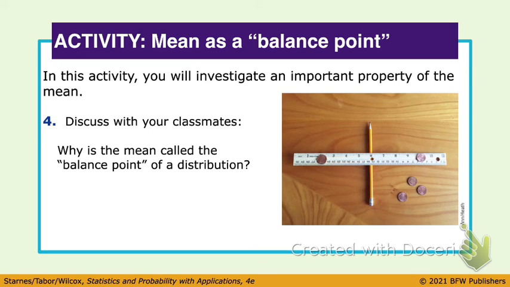If we kind of think about our graphs as sitting on top of our ruler, the mean is where we could balance that, right? It's where our graph would balance.